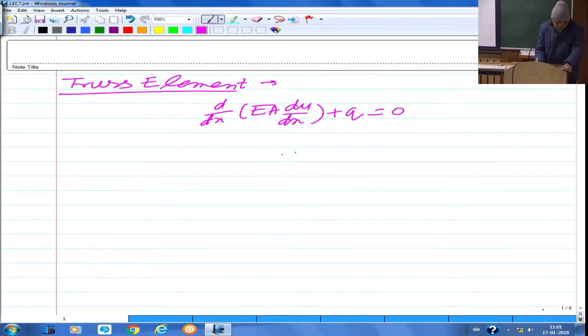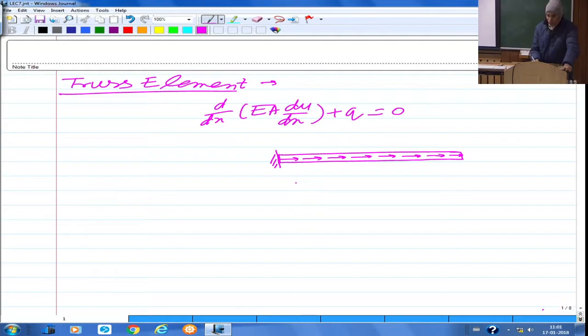What I said was that now we have an entire rod, and in this case the cross sectional dimensions are much smaller compared to the length, and there are forces acting only along the length of the rod. So we have only one independent displacement component, that is displacement along the length of the rod. Then we discretize this into a number of elements, and of course the cross section remains the same.